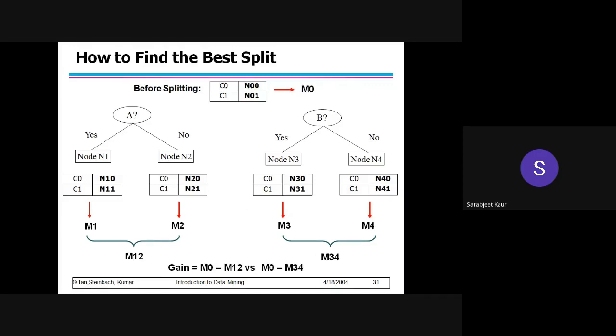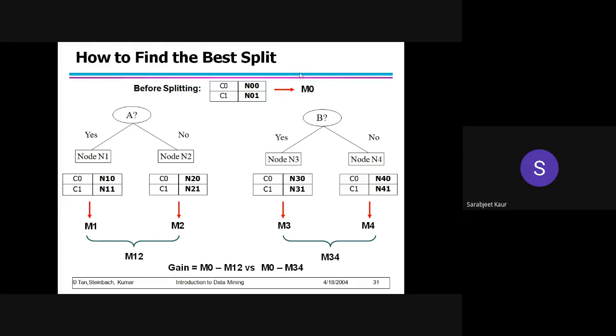To gauge the gain, we compute the difference between the impurity at the parent node and that at its children: M0 minus M12 versus M0 minus M34. Whichever gives us a better gain, we pick up that attribute. This is how we select a particular attribute.